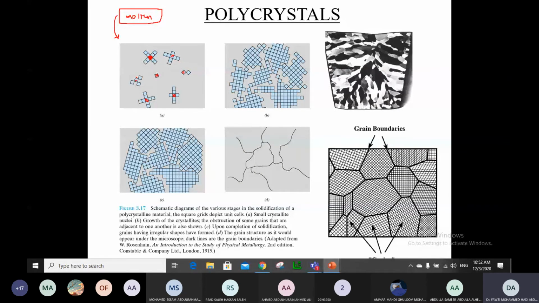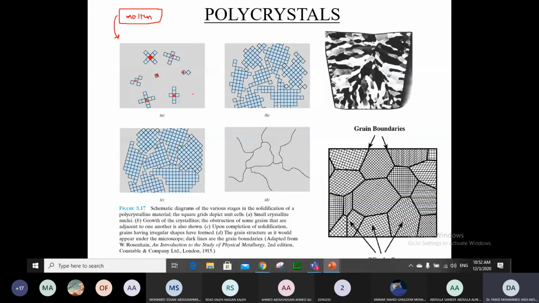Everywhere nucleation happens and the crystal develops, and this is the first stage, which is called the nucleation of the solid crystal. It happens in different places because of the difference in temperature.